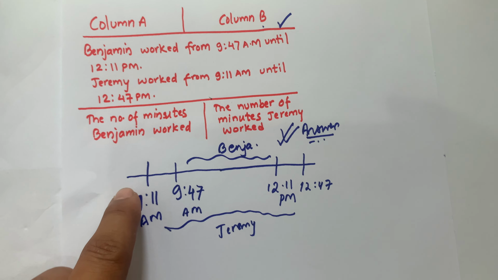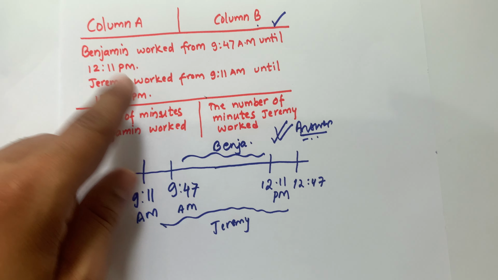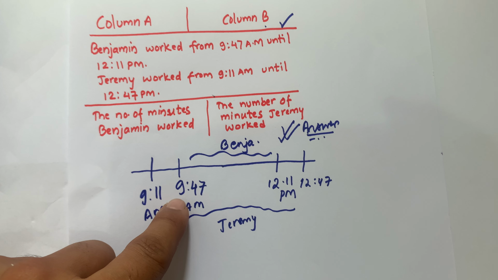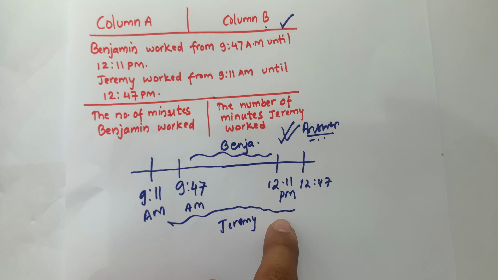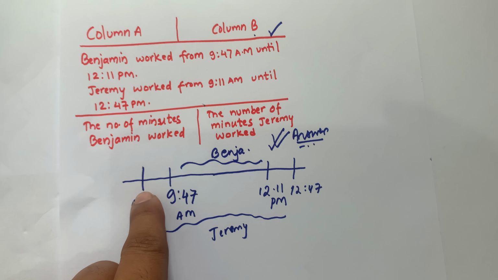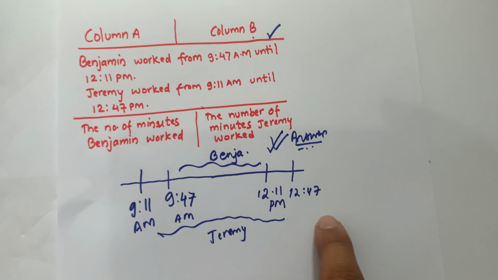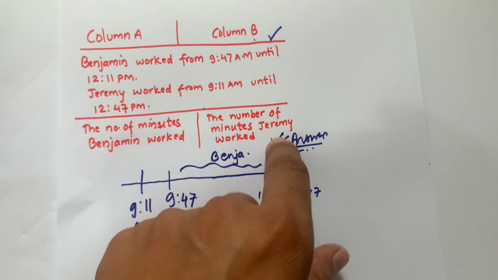First of all, Benjamin worked from 9:47 am to 12:11. This time only, okay. But Jamie worked from 9:11 to 12:47, more time. So Jamie is the answer.